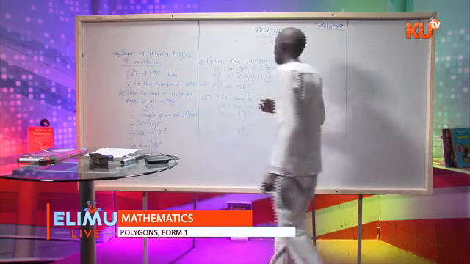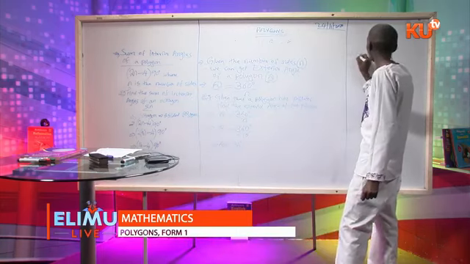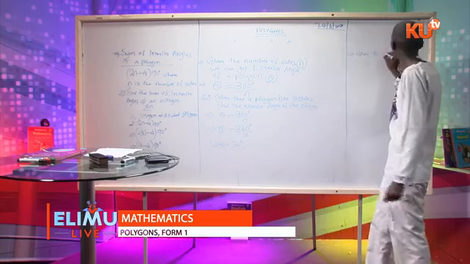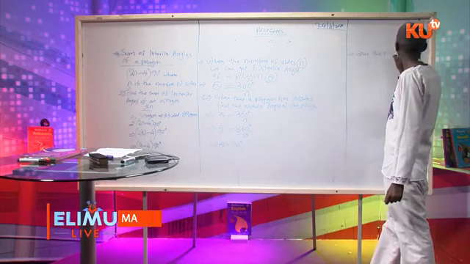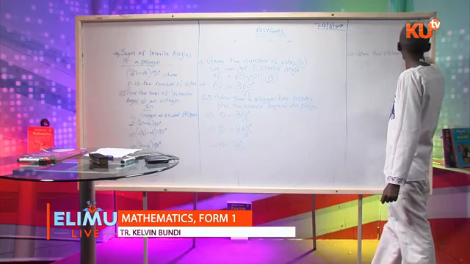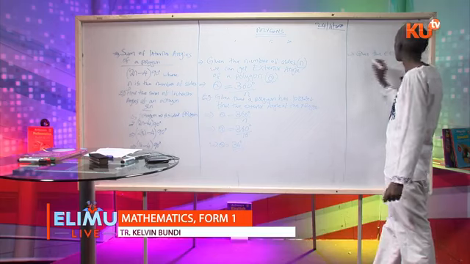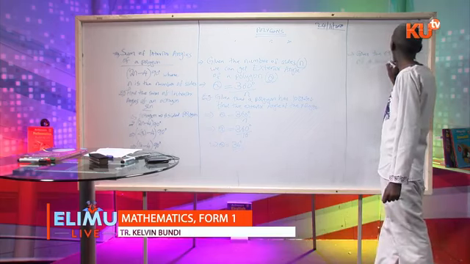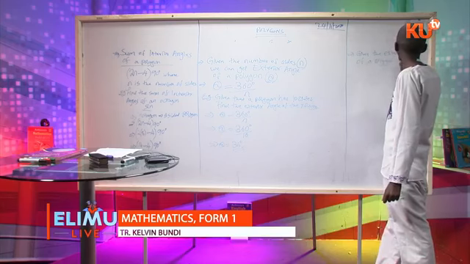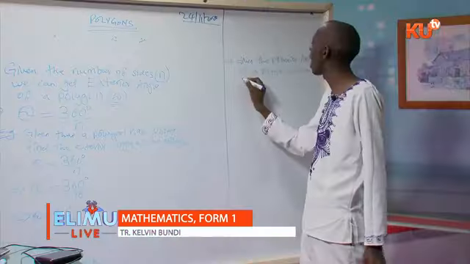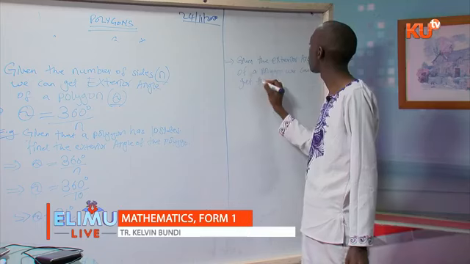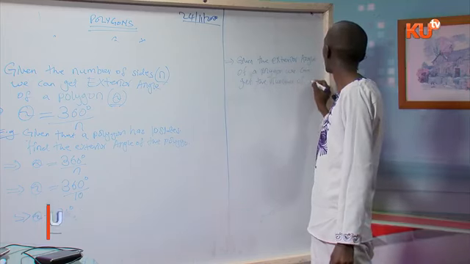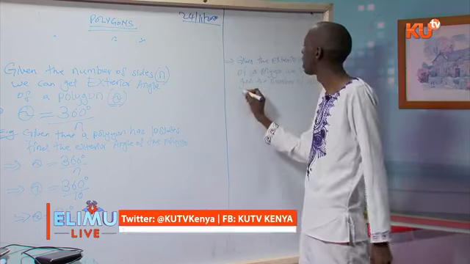Something else that you should note is, given the exterior angle of a polygon, we can get the number of sides of the polygon.